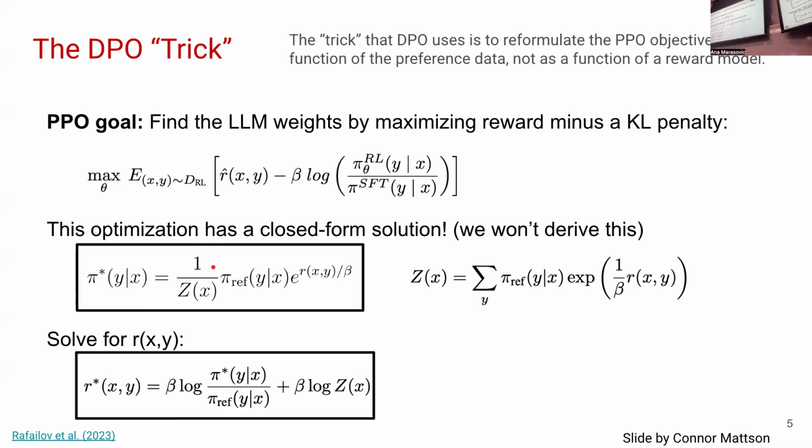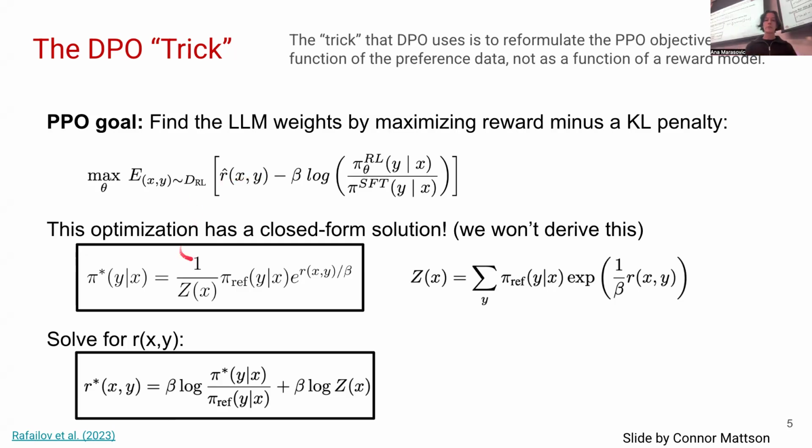Now, I won't derive this. If you read the DPO paper, you will see they followed a bunch of prior work to say that this optimization problem has a closed form solution, meaning we can produce an equation for a perfect language model, a perfect policy. P star here refers to an optimal language model, the language model whose weights will maximize that expectation above.